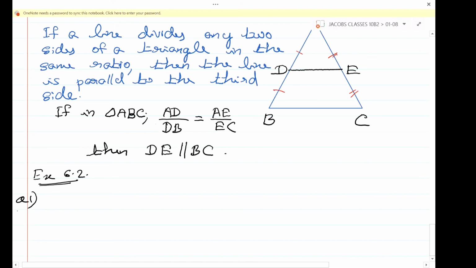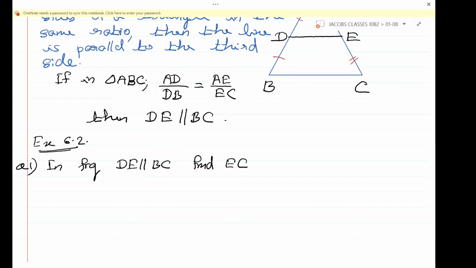In the figure, DE is parallel to BC. Find EC.